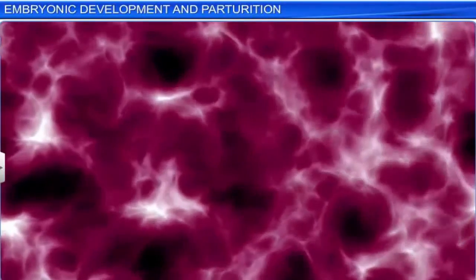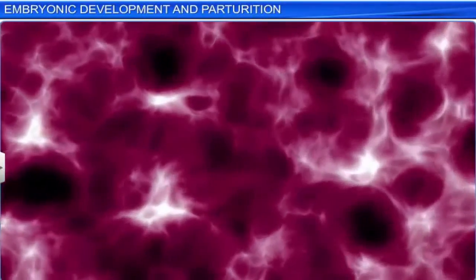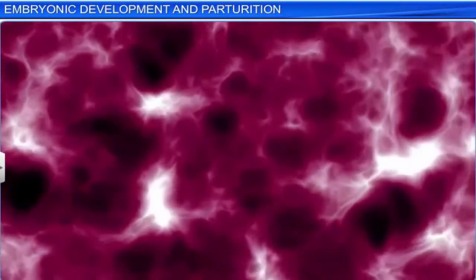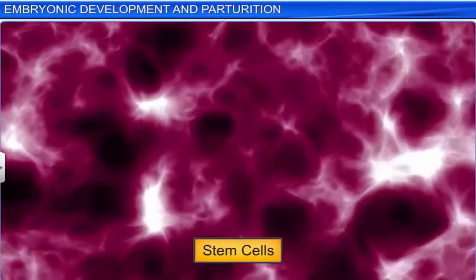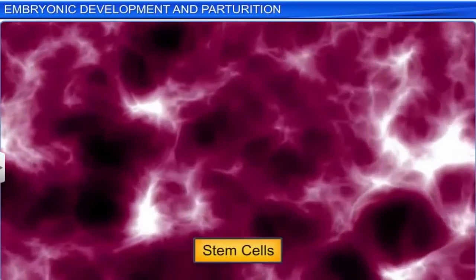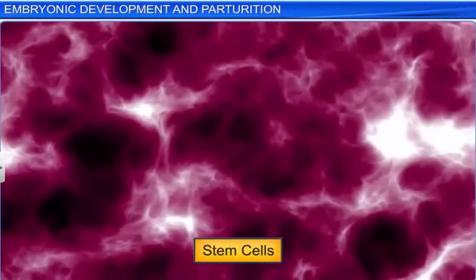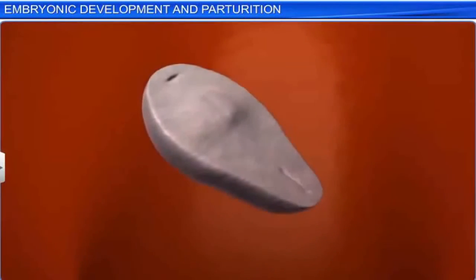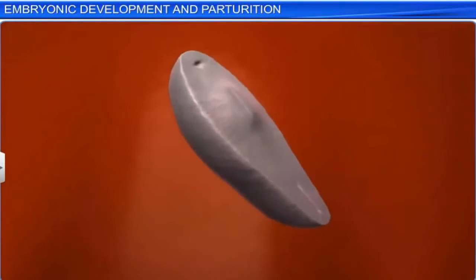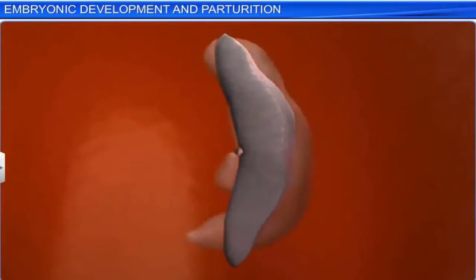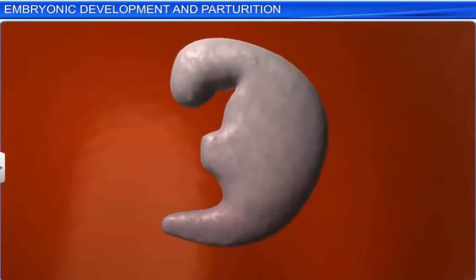Did you know that apart from the 3 germ layers, the embryonic disc also contains certain cells called stem cells, which have the ability to give rise to all the tissues and organs present in the human body? As the embryonic disc grows, the cells of one side of the disc grow faster than those on the other side.